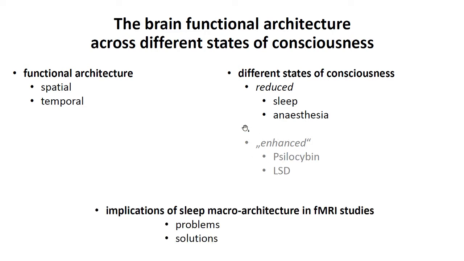And finally, as I promised, I'm going to discuss the implication of all these results for classical resting state experiments. For example, if you have patients and you want to compare a group of patients against a group of healthy controls, how can you deal with the possibility that sleep is affecting your results?